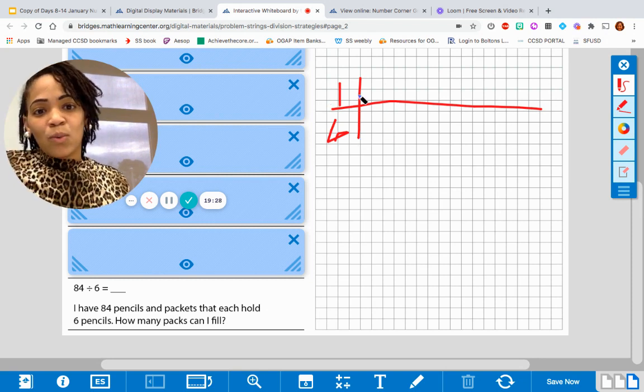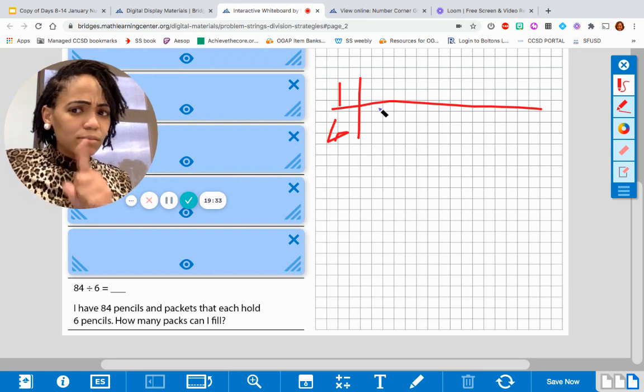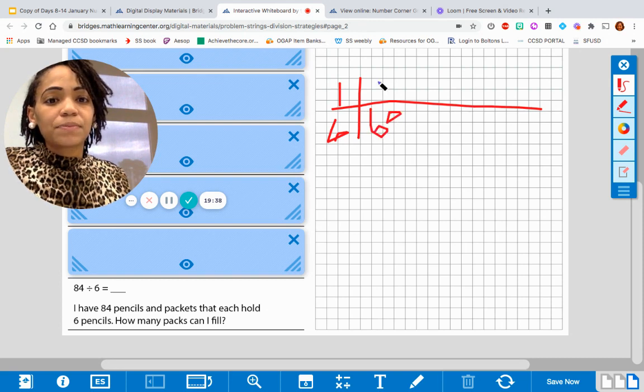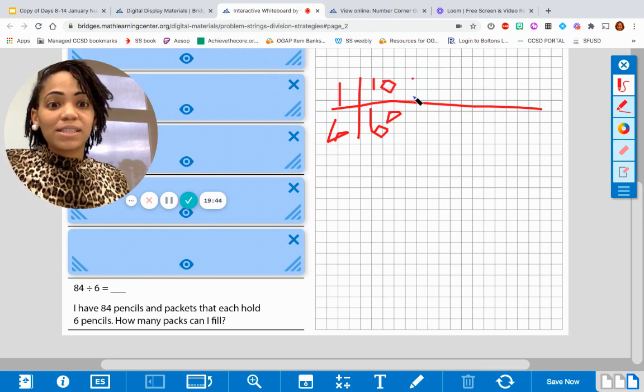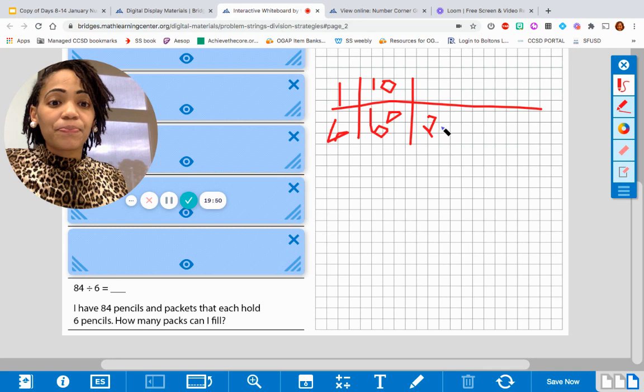We might not know what times 6 would give us 84, but we know tens. Tens we should know really well. And we know if I were to multiply by 10, that would be 60. And then I have 24 left. Do we know what times 6 gives us 24? Yeah, 6 times 4 is 24.